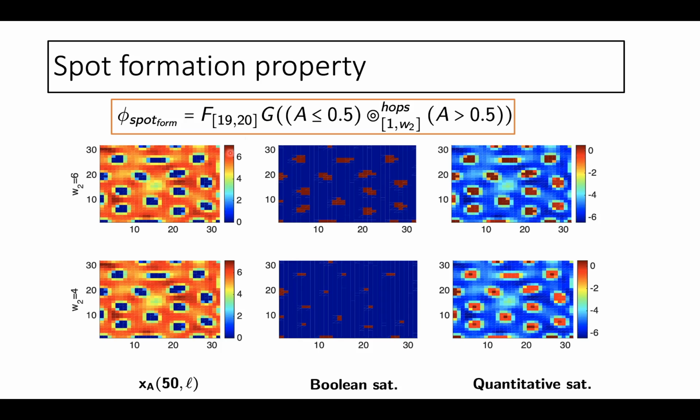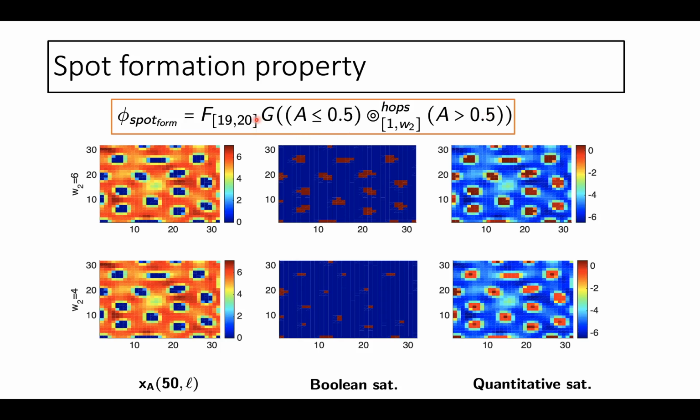That means eventually, in a time between 19 and 20, so in the time when the system stabilizes, it's always true from that time that this property is satisfied.